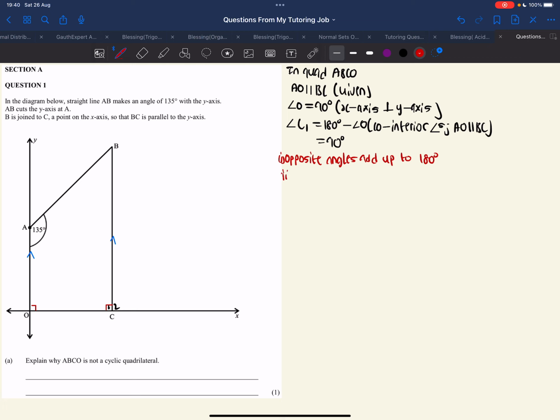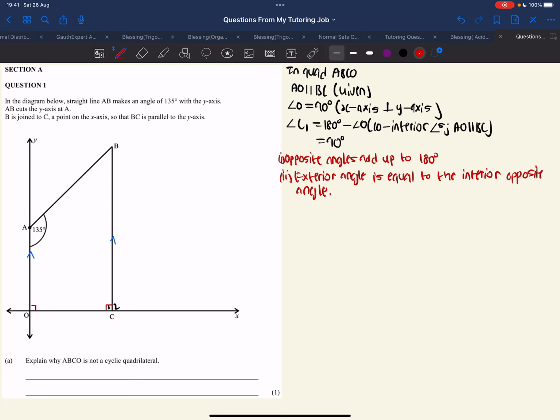And the other one that we have is that the exterior angle is equal to the interior opposite angle. So there are two ways for us to prove that ABCO is not a cyclic quad.